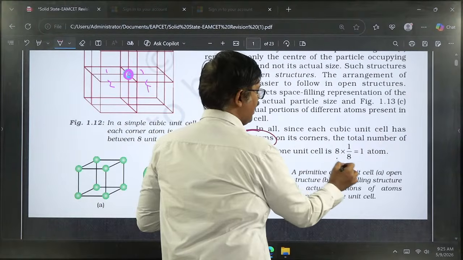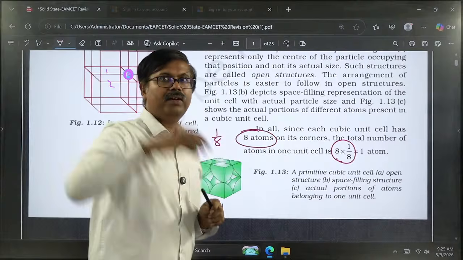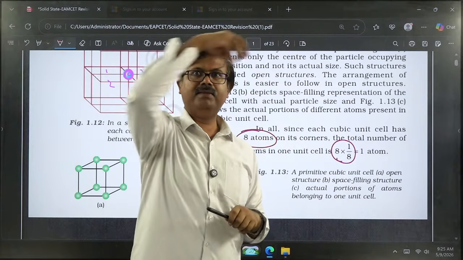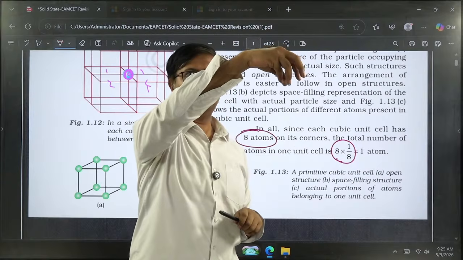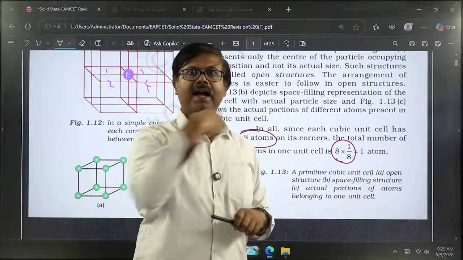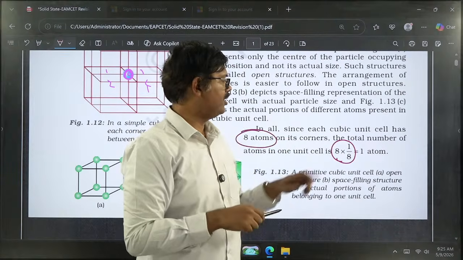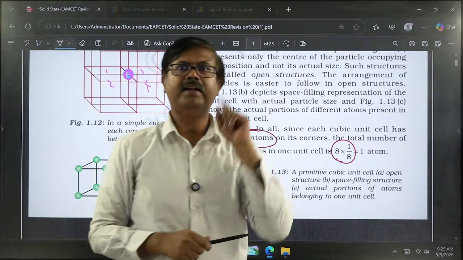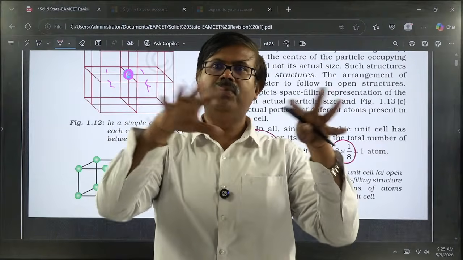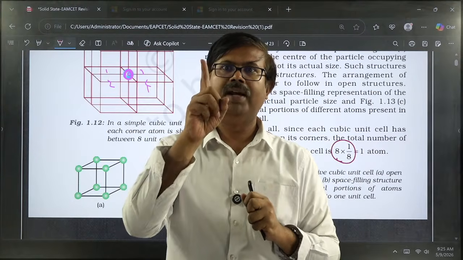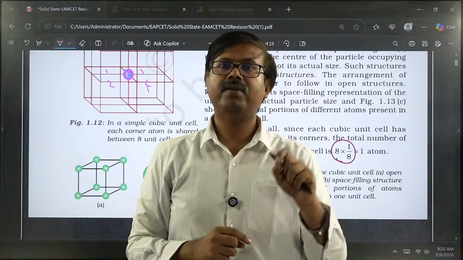So for net atoms per unit cell, take only a 1/8 portion of each corner atom: 1/8, 1/8, 1/8, 1/8, 4 corners above, again 1/8 for the others. If you take 8 corners, each contribution 1/8, the net value is 1 atom. So per unit cell, if you combine all corners, the net is 1 atom. This is the way you have to calculate.